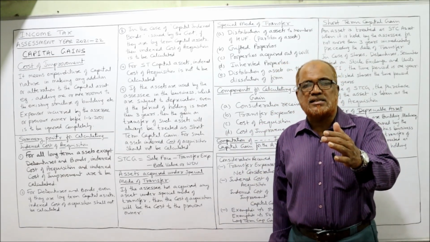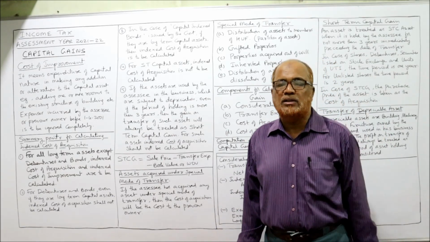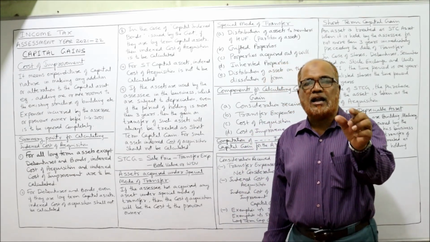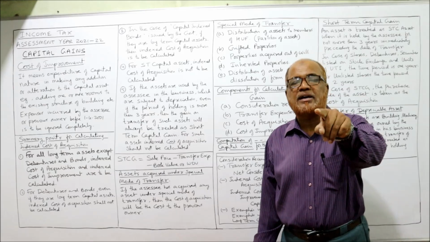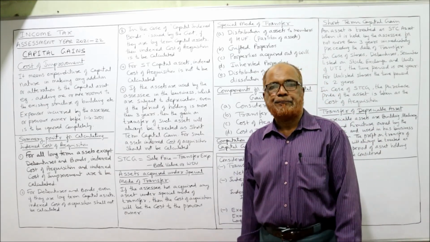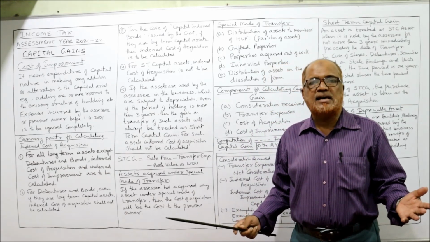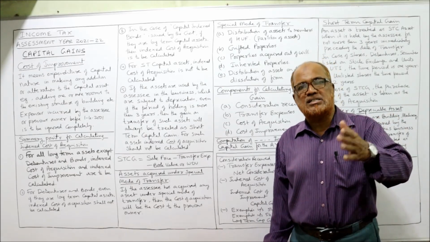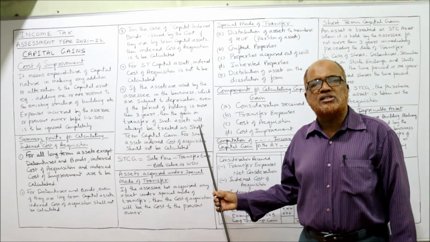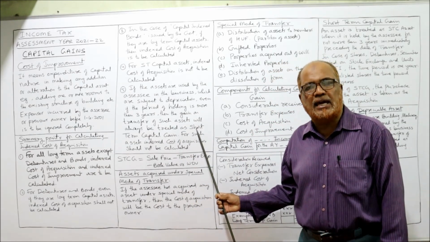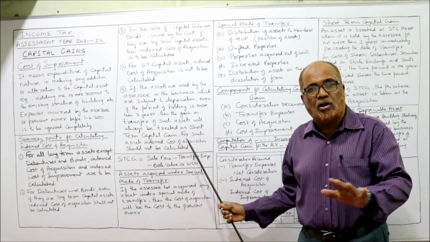If these conditions are satisfied and the asset is sold during the year, then the gain arising on the sale of that asset will be a short-term capital gain irrespective of the period of holding. Whether the asset is held for 3 years, 2 years, 10 years, irrespective of the period of holding, it would be treated as a short-term capital gain and indexing is not allowed.